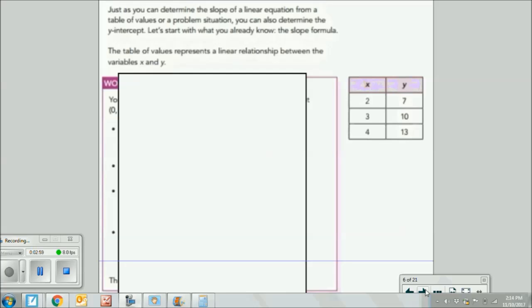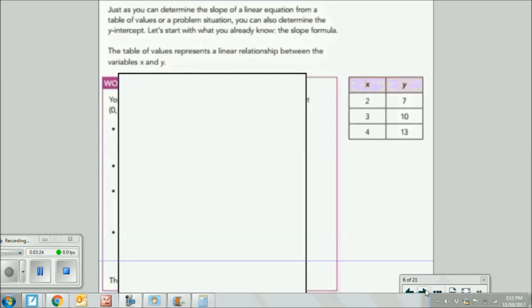Alright, this is your 15-second warning, 15 seconds to finish getting your note card in. Alright, so hopefully your note card is in place.